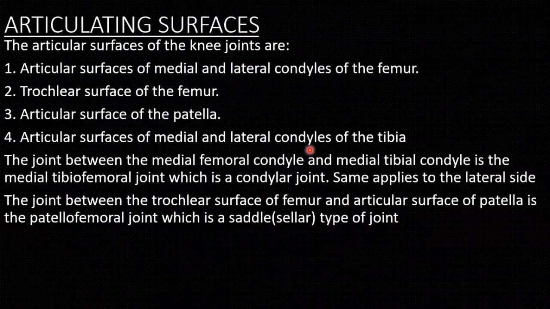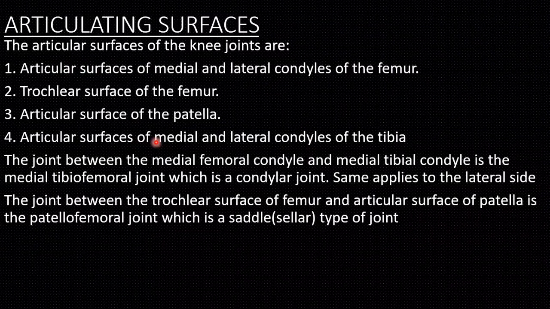So, which are the articulating surfaces? The articular surfaces of the medial and lateral femoral condyles articulate with the articular surfaces of the medial and lateral tibial condyles to form the tibiofemoral joint.